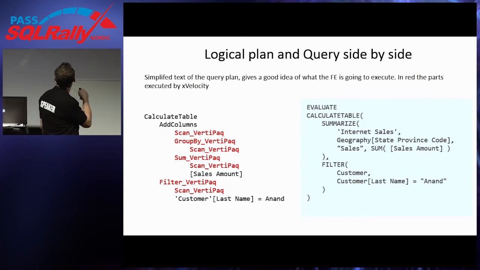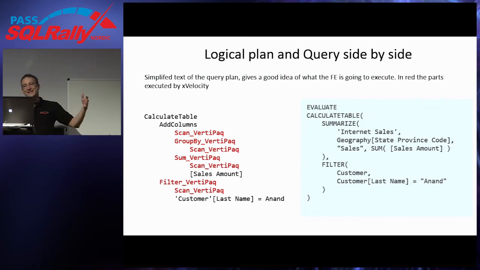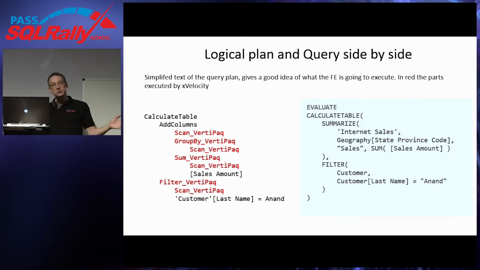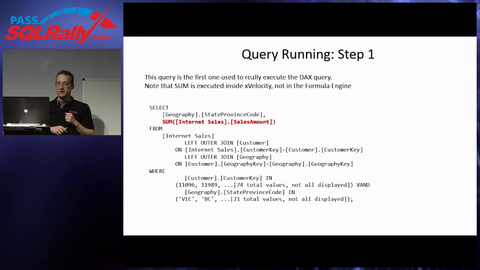We have sum Vertipaq, where we have sum of sales amount. So they are exactly the same expression. Sometimes for a very complex expression, it is useful to look at the logical query plan to get a first understanding of the query. But then, if you want to optimize, you need to go to the Vertipaq query level and start playing with it.